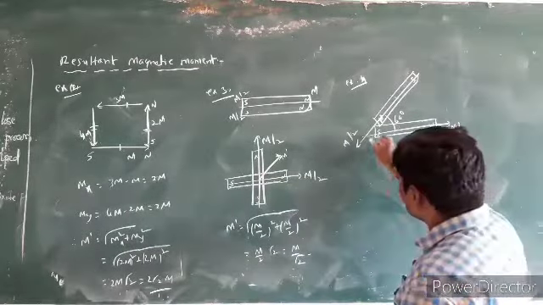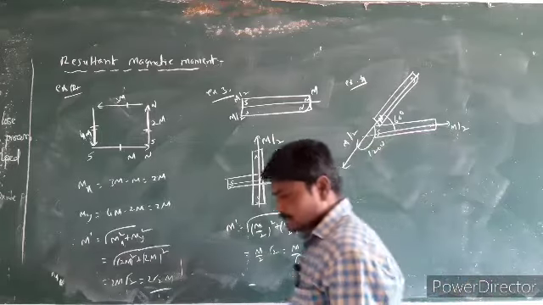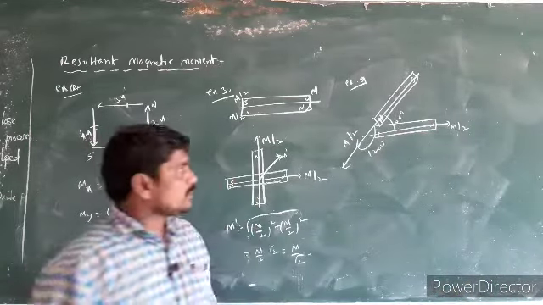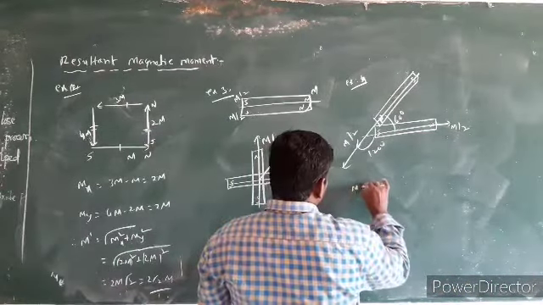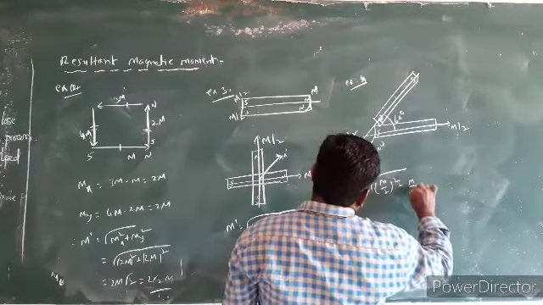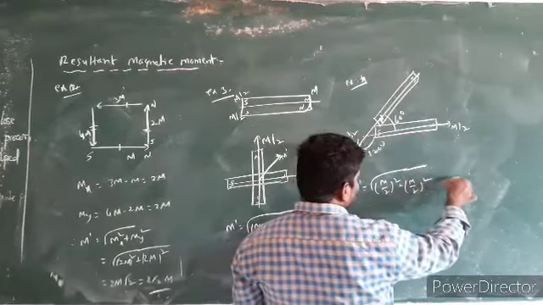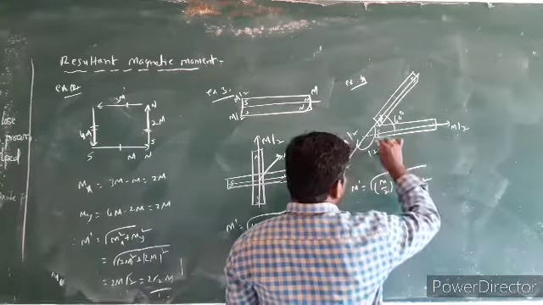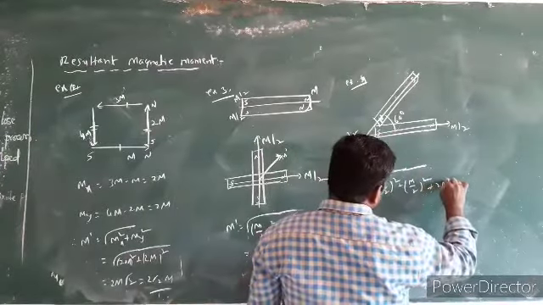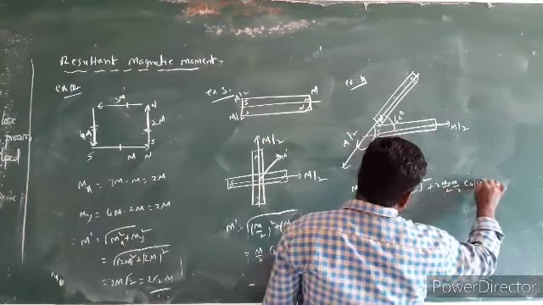Now what is the angle between the magnetic moments? It is 180 minus 60, that is 120 degrees. The resultant magnetic moment of this arrangement is M dash equal to the square root of M by 2 whole square plus M by 2 whole square plus 2 m1 m2 cos 120, that is, 2 times M by 2 into M by 2 into cos 120.